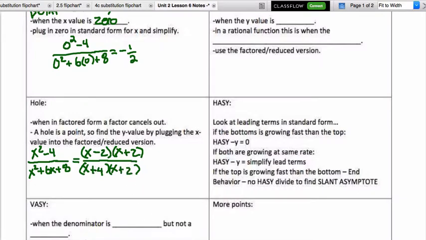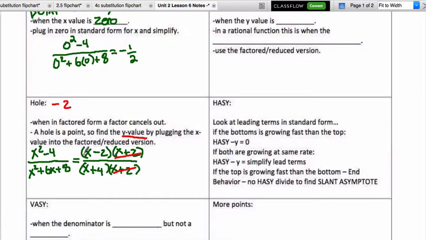Okay, so what cancels out here? Well, these are the exact same, so they cancel out. So what that means is there is a hole where this x would make 0 here. If these didn't cancel out, this would be an asymptote, because this would make 0. But since it actually does cancel out, we have a hole where x is negative 2. And then we need to find the y value.